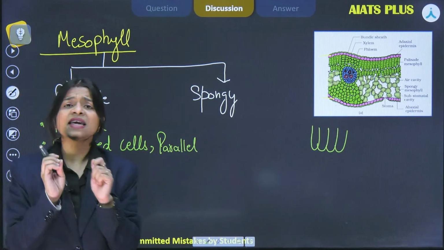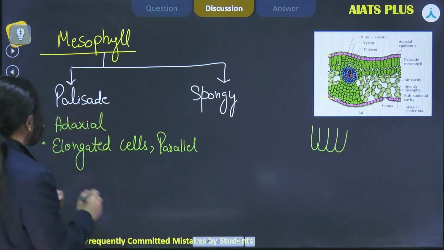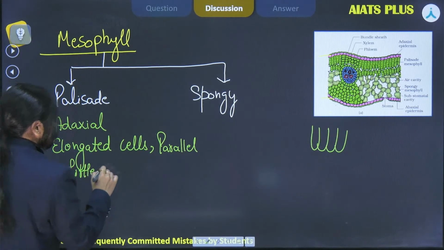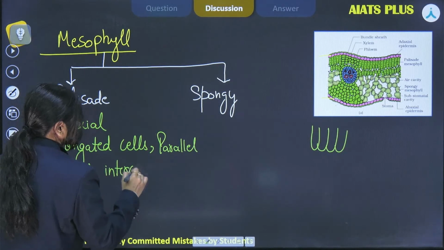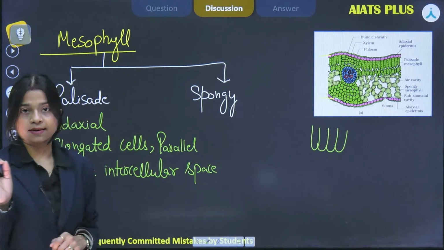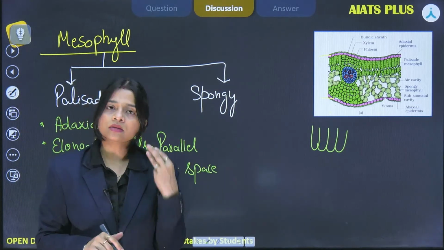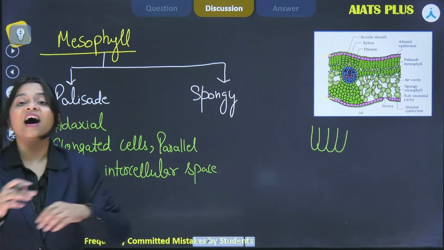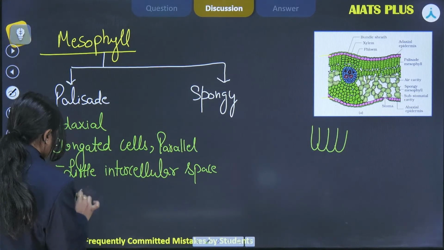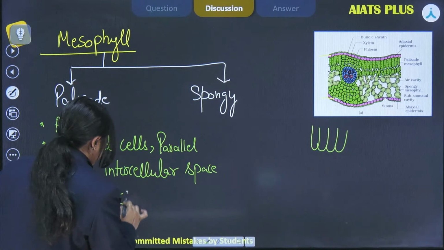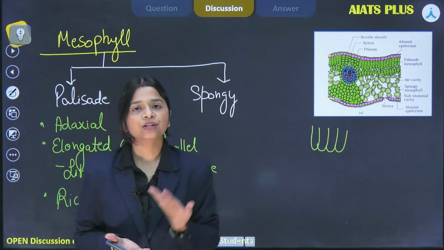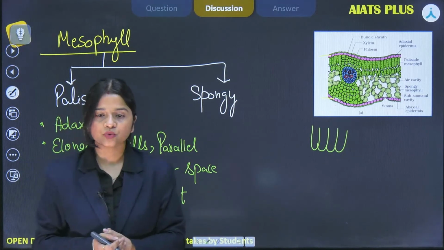And they have very little intercellular space, that means they are very closely packed. The third characteristic feature that we can consider is they are rich in chloroplast, because this is the tissue that is going to perform photosynthesis. So there has to be the presence of so many chloroplasts over there.